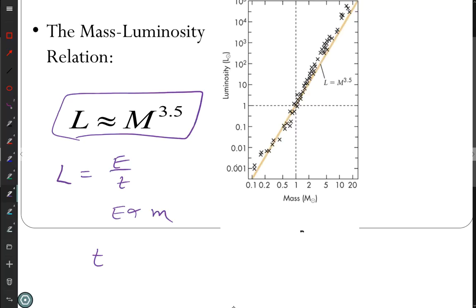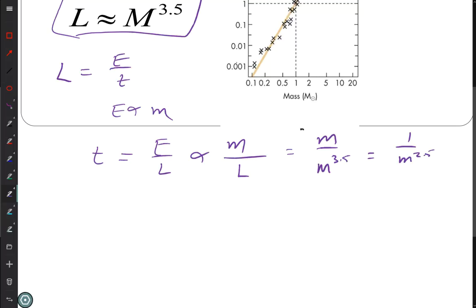The lifetime of a star should equal its energy divided by the luminosity, which means it's proportional to the mass of the star divided by its luminosity. Using this equation, what we find is the lifetime of a star is proportional to its mass raised to the minus 2.5 power.